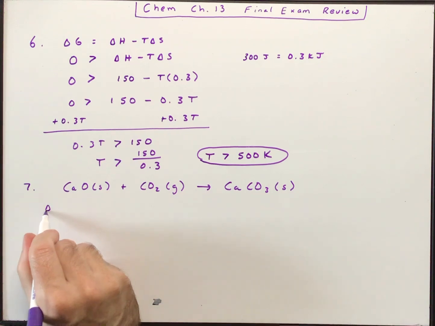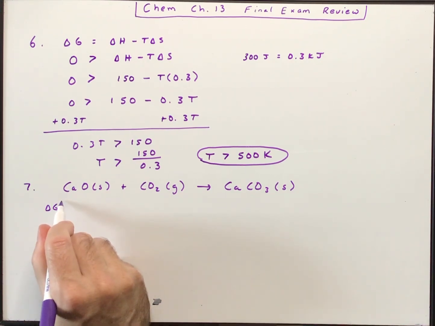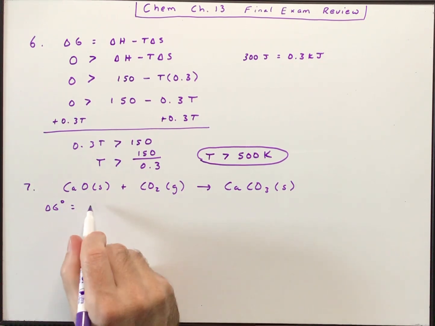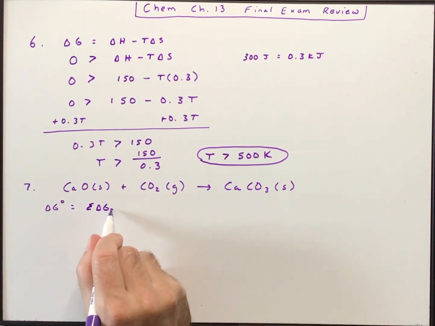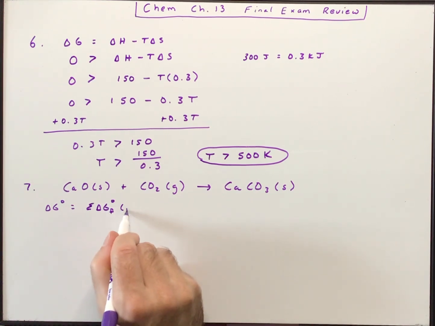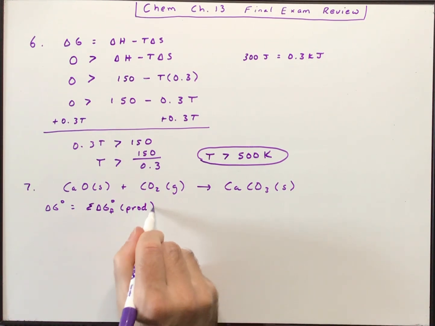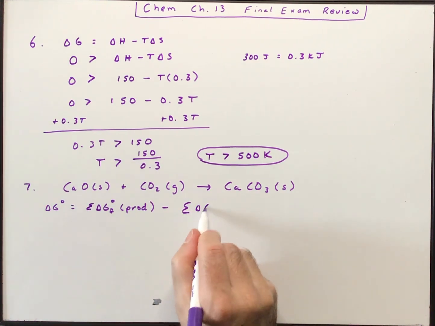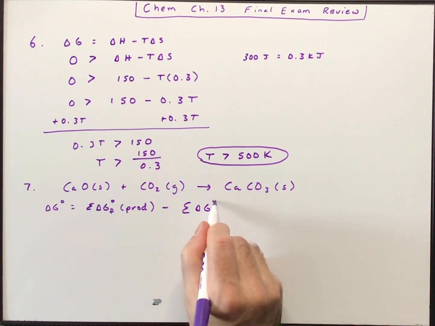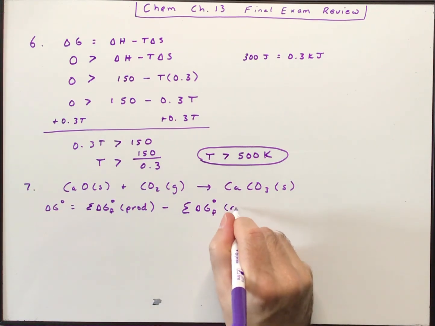So we know that our change in Gibbs free energy is similar to Hess's law in terms of what it looks like. It's the sum of the Gibbs free energy of formation of the products minus the sum of the change in Gibbs free energy of formation of the reactants.